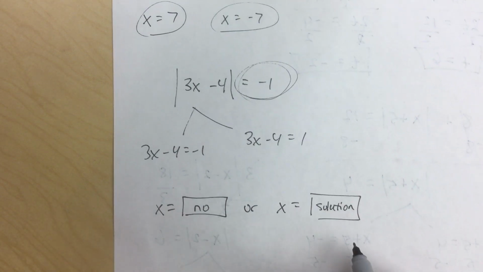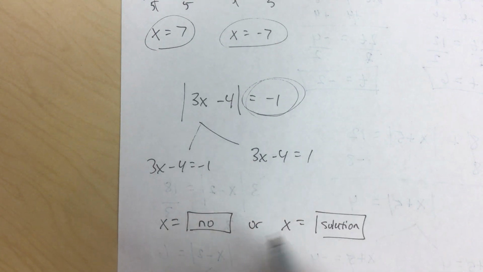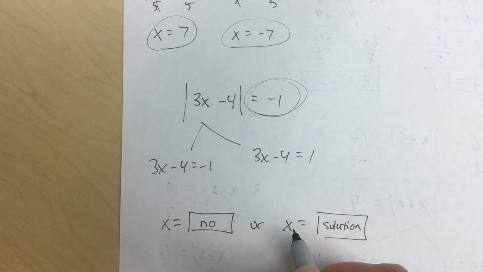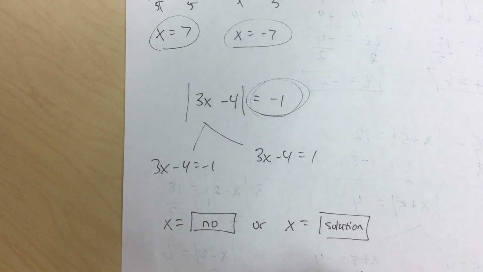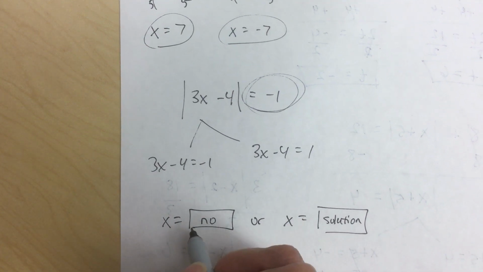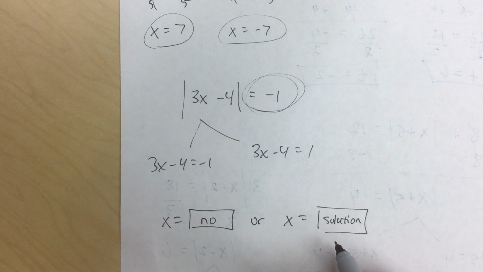No in the first box, solution in the second box. Because if on all the ones that were no solution, I only had 1 box, you would know that that's a no solution problem, right? So that's how we're getting around it. All of your questions today have x equals and x equals. And so if it's no solution, you write no solution in the 2 boxes. Okay?